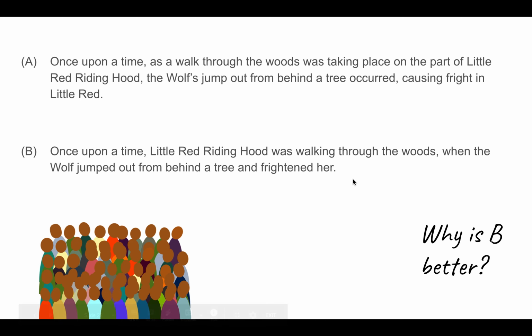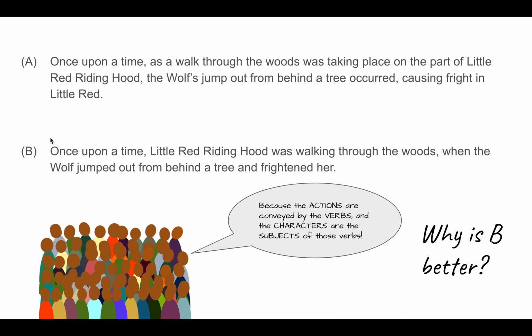So the reason that we liked, in both of those pairs of sentences that we looked at, the reason we like version B better is that the actions are conveyed by the verbs. Okay? And the characters are the subjects of those verbs. So Little Red Riding Hood was walking through the woods. Okay? Up here, it's a walk through the woods was taking place. Okay?